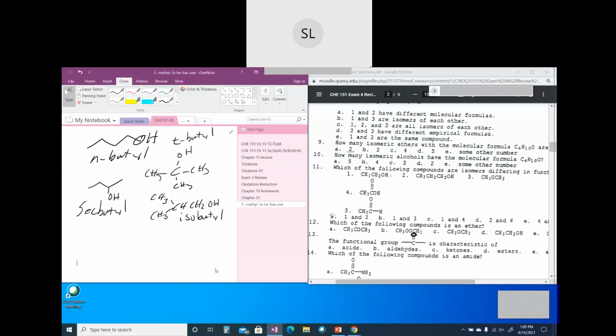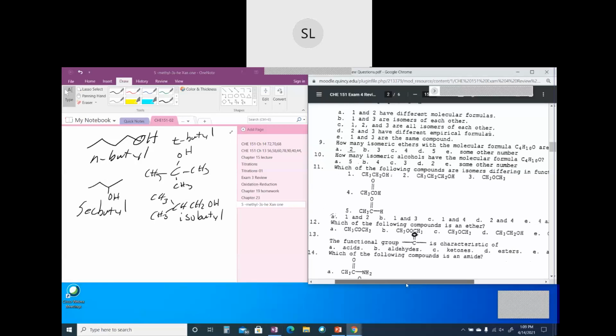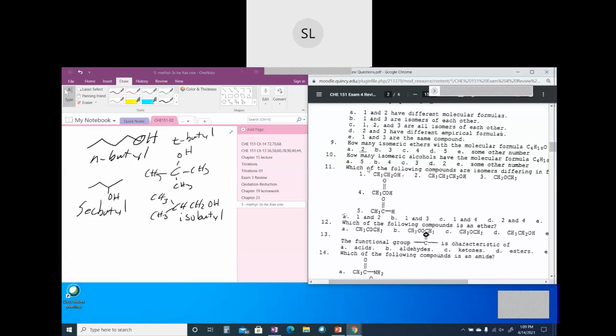All right, so 11, which of the following compounds are isomers differing in functional groups? All right, so the first one is an alcohol. Number 2, alcohol.